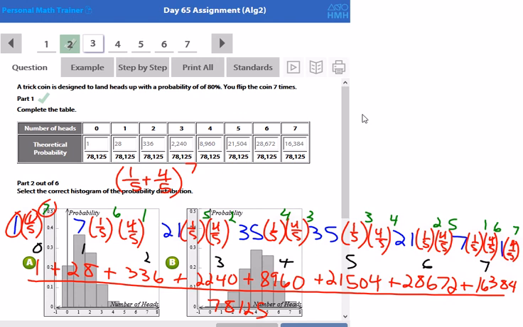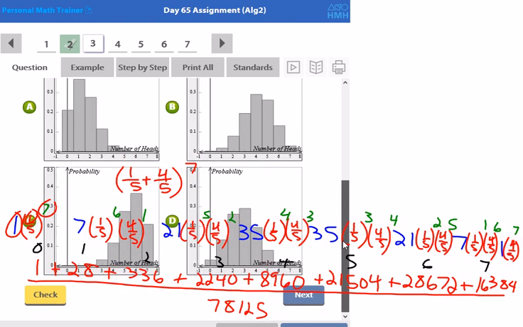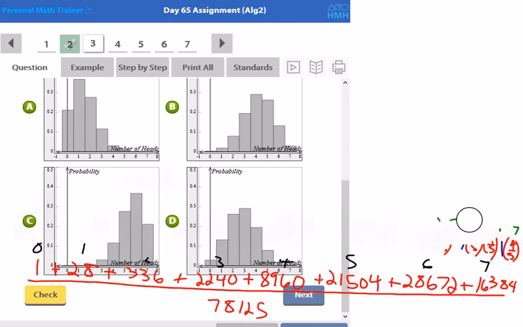Okay, so select the correct histogram that shows that. The one that shows 6 heads being the most is this one over here, which is C. See if I can erase this. We can get away with erasing this one here on the top. We've already seen this. So this should be C.